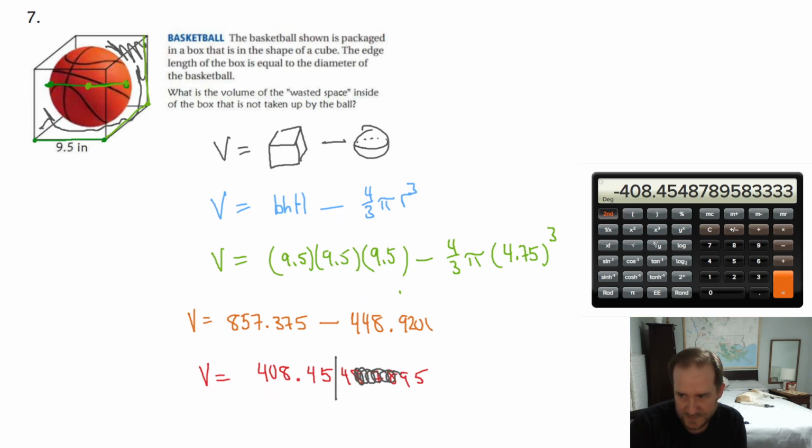Forget this. None of that exists. Just the 4. And since 4 is less than 5, we know we're not going to round up. We're just going to cut it all off. So our final answer should be that the volume is 408.45. And our measurement was in inches, so these are cubic inches.